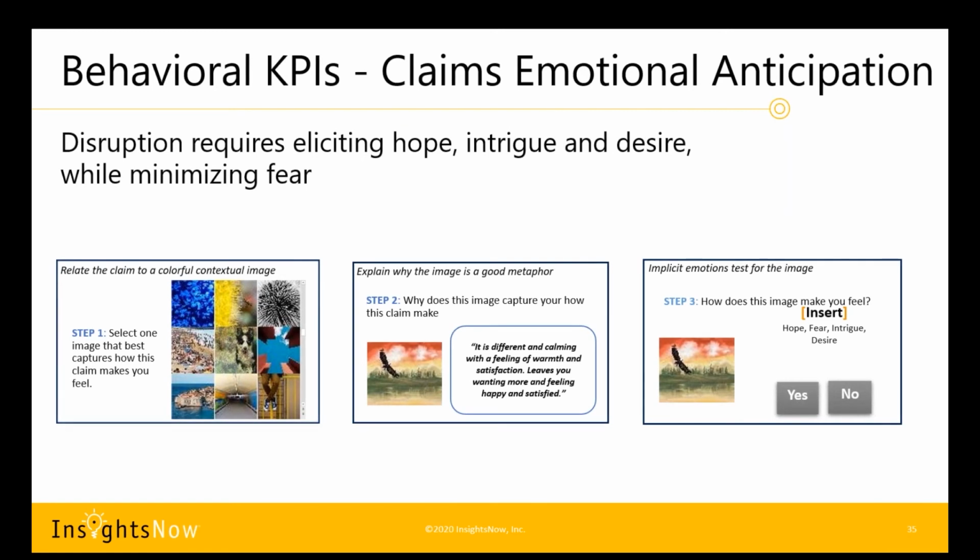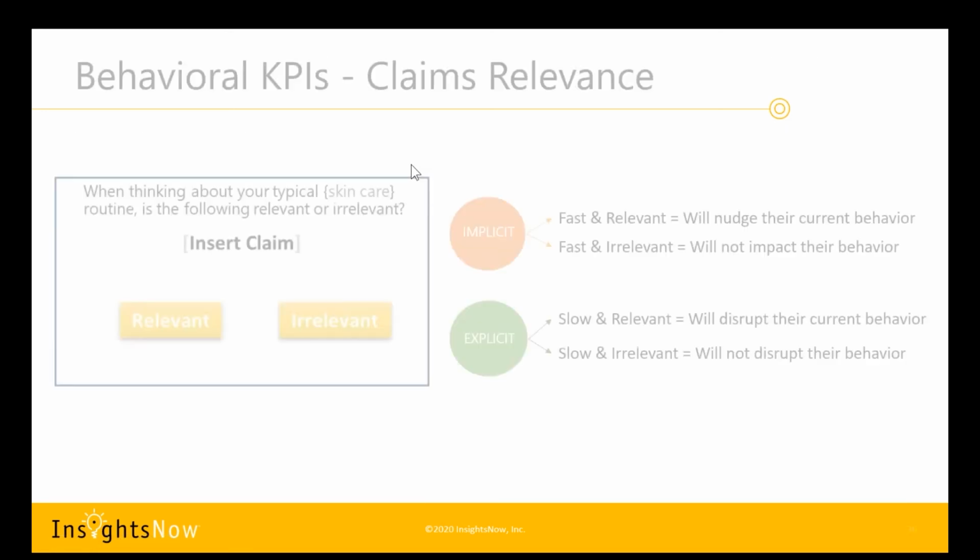We're also able to look at emotional impact. So if a claim is going to be disruptive, it needs to elicit hope, intrigue, and desire. These are anticipation emotions, and we have a methodology for that which also uses an implicit explicit test to gauge how much hope, fear, intrigue, and desire come from these.